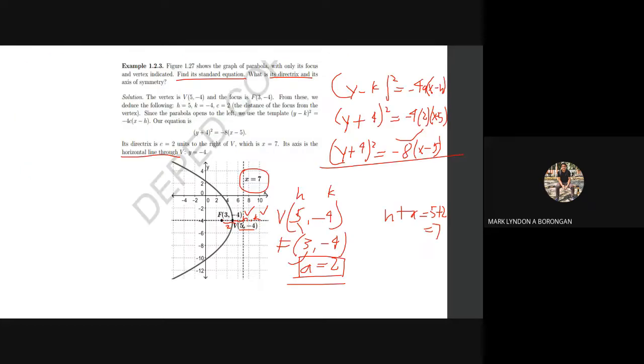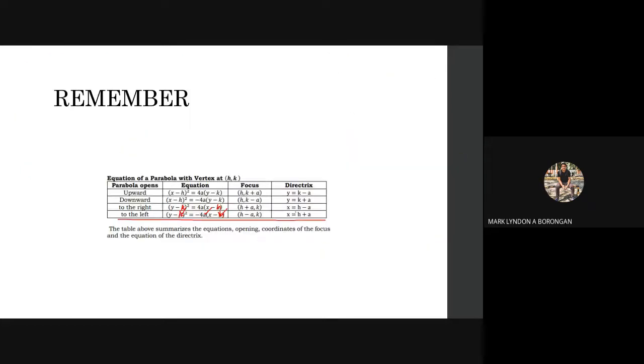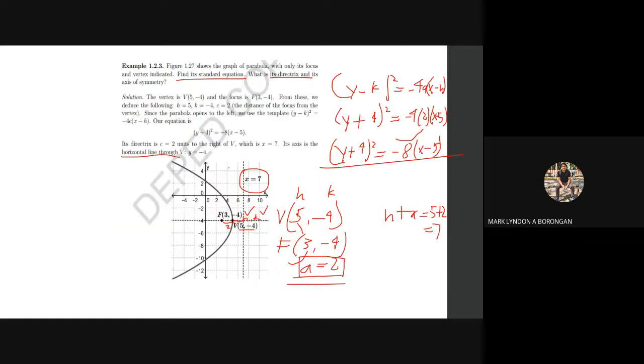The first step, if you are given the general form of your parabola, is to transform it into the standard form. The standard form has the h and k, or our vertex. That is where we can determine the vertex.